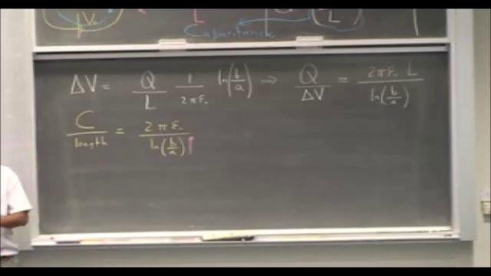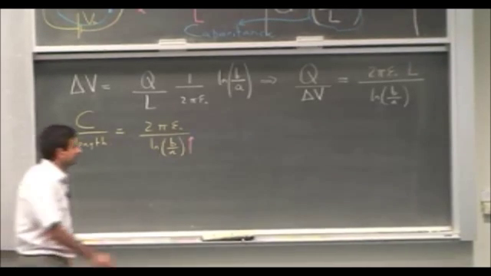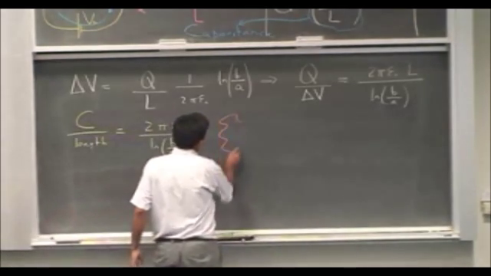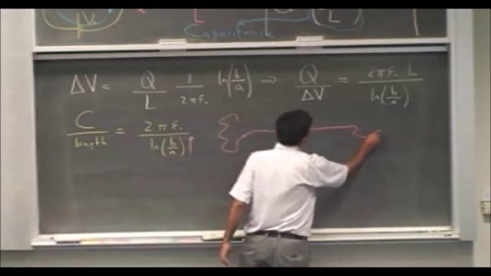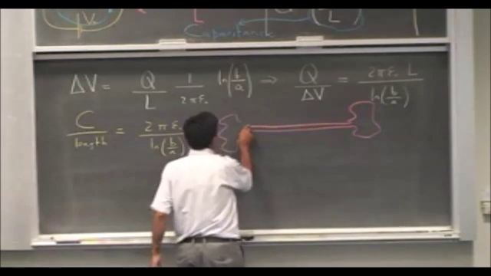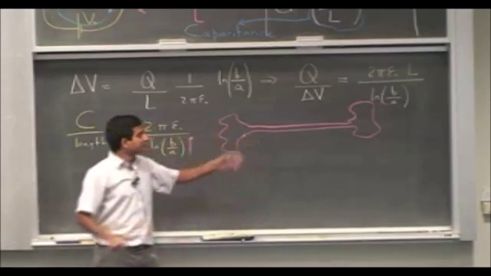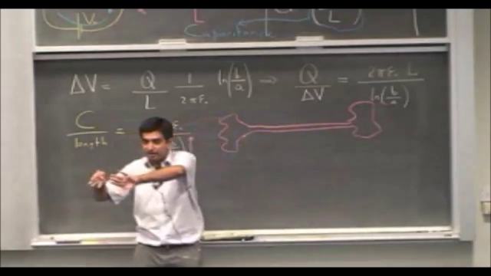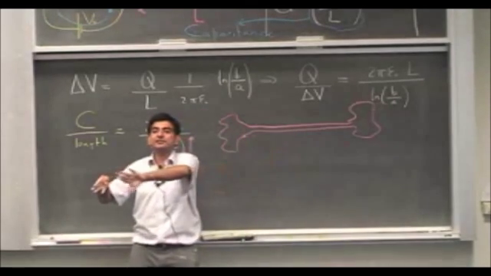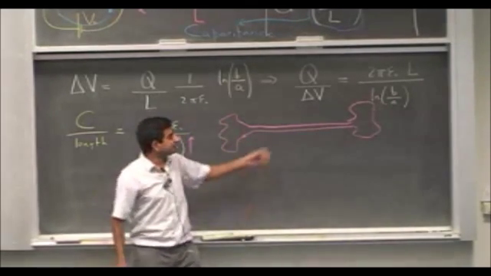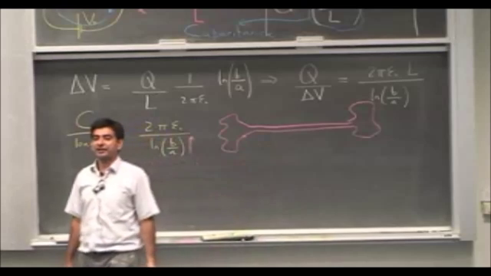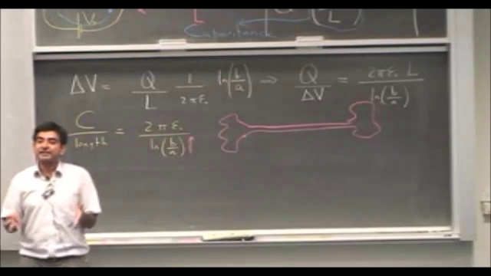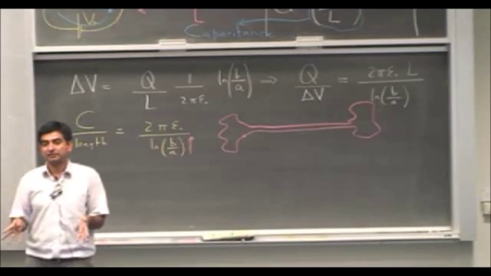Biologists know that if you have a neuron, which has two of these regions and an axon, and if an impulse passes across this neuron, then this neuron also acts like a transmission line, and it will have a certain capacitance per unit length.